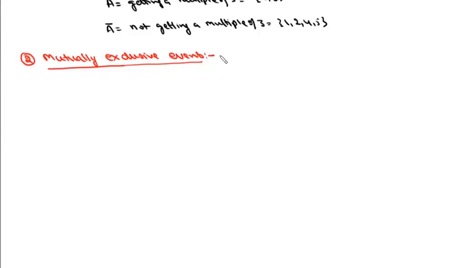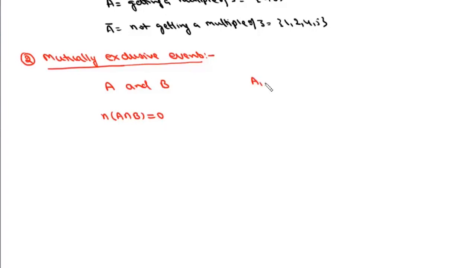So if we take a case of 2 events, say A and B, then they are mutually exclusive if occurrence of one prohibits the occurrence of the other. Or in simple words, n of A intersection B must be 0. That is, they cannot occur together. So such events are called mutually exclusive events.